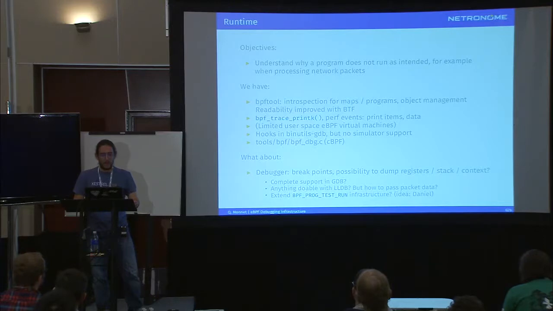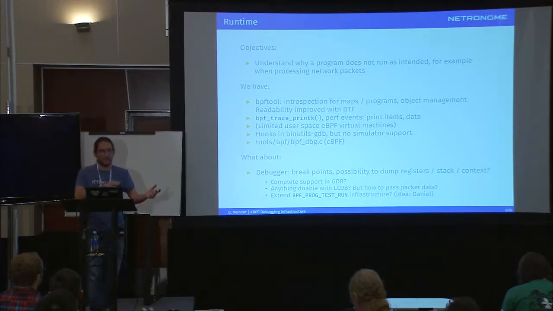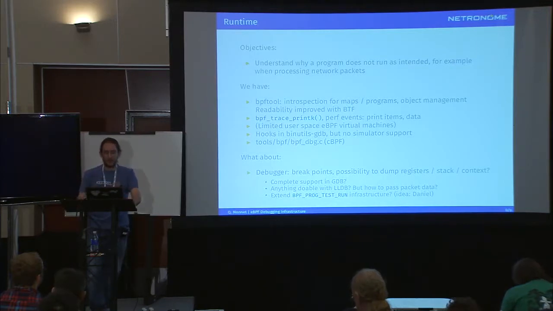So we have maybe some leads on that, completing the support in GDB, or maybe seeing if something is doable with LLDB. I don't know that really well, so I don't know if that's possible. In any case, I'm not sure how we could, for example, pass packet data to a program running in GDB. That's quite different from a C program that I'd like to debug.